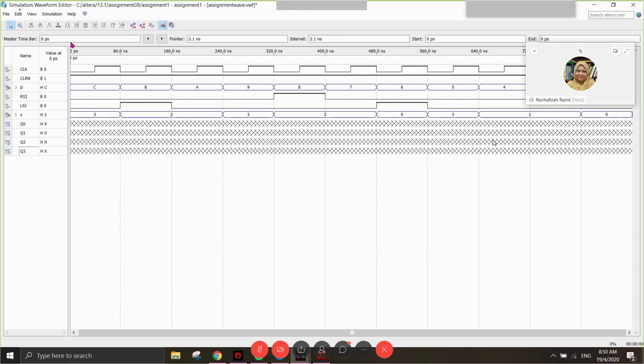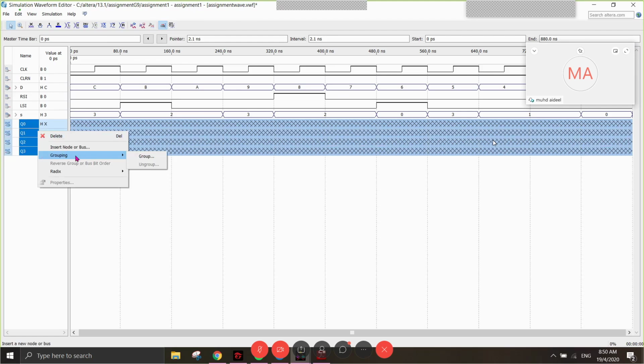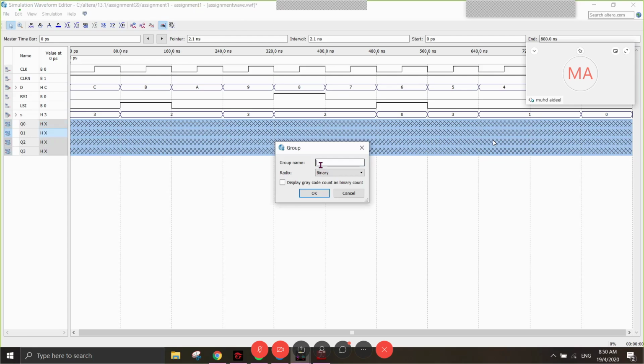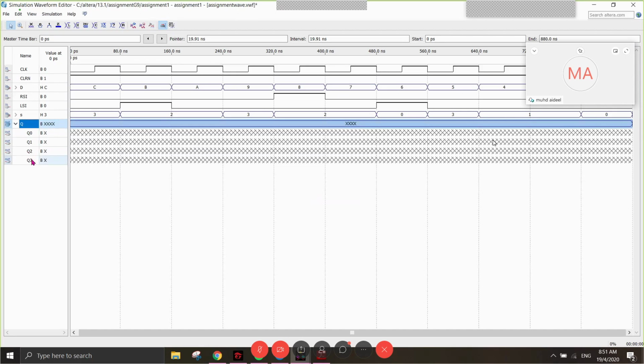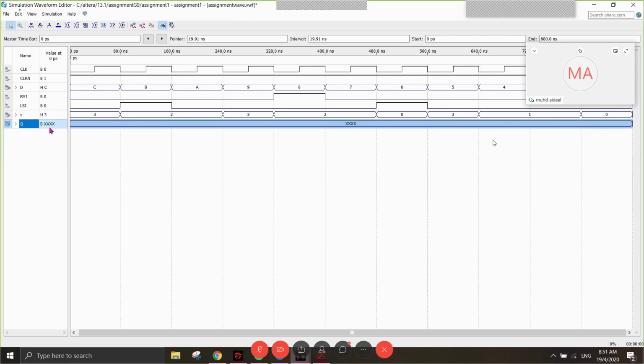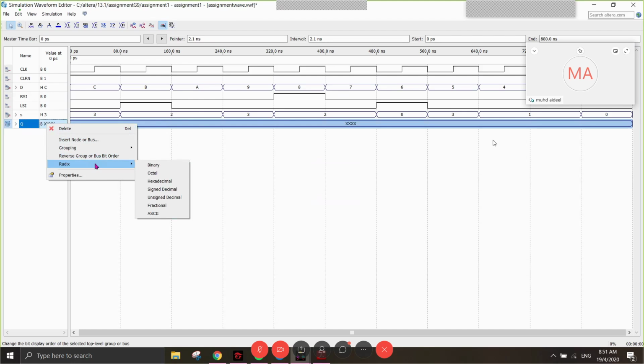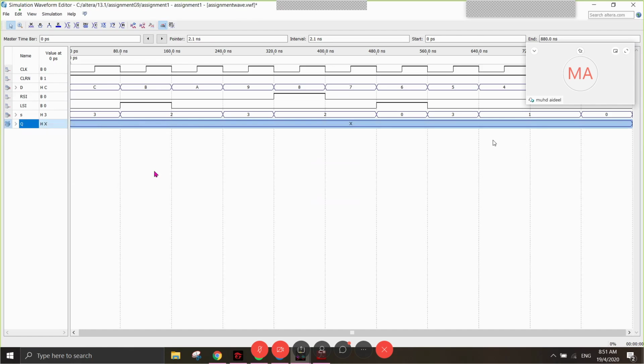Okay. Firstly, we group all of this. Right click and group, and we put it as one. But in here, the sequence is from Q0 to Q3, so I reverse the group. And for this, the answer is in hexa, so I right click here and click radix hexadecimal.